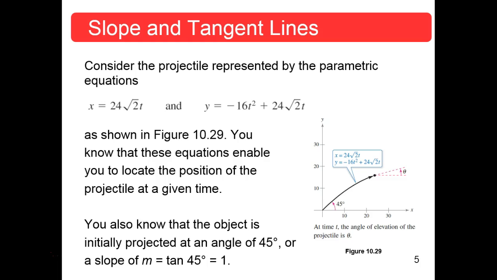So I would write this 24t times root 2, just because it's absolutely clear what you're doing. That's your x parametric equation. Your y parametric equation is y is equal to minus 16t squared plus 24 root 2 t. Again, the t is outside the radical sign, so I would write this 24t times root 2. It's a little awkward sounding, but it at least keeps you from misplacing the t.